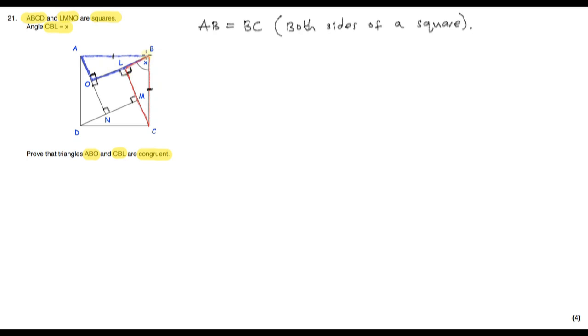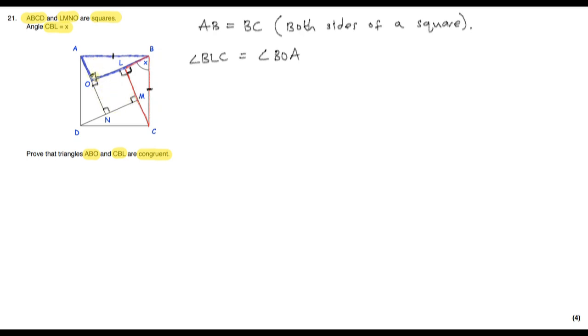That's another thing we can say. We can say that angle BLC is equal to angle BOA. And we don't need to give a reason for that, because you can use what you've done on the diagram.